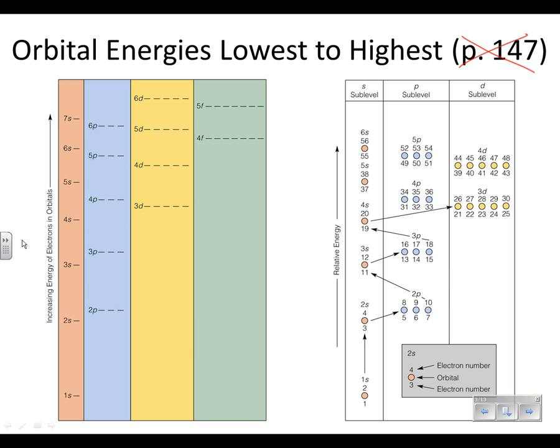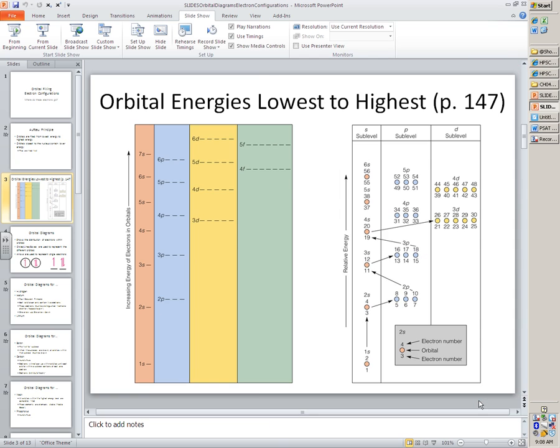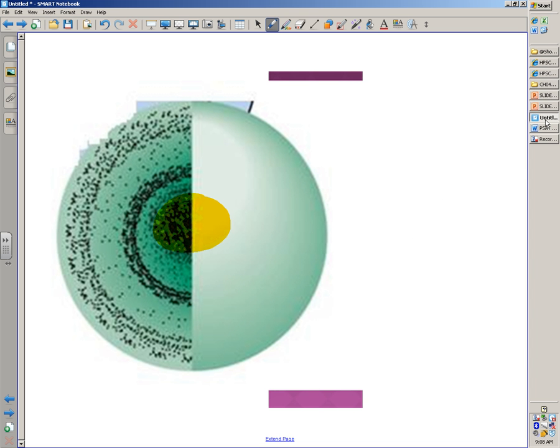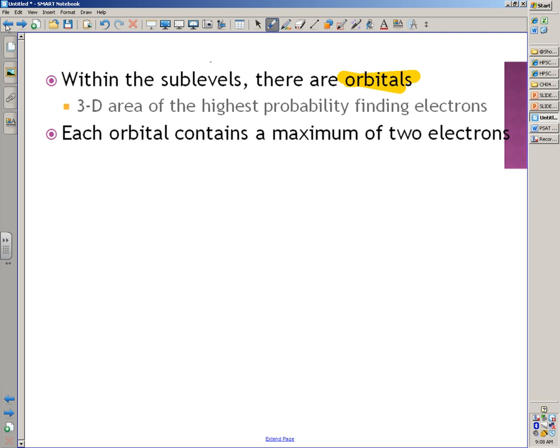One thing that we discussed yesterday, but to make sure that we review: we call these areas of high probability orbitals, but each orbital can only contain a maximum of 2 electrons. Why did we say that there won't be a whole lot of electrons filling the same place around the nucleus?